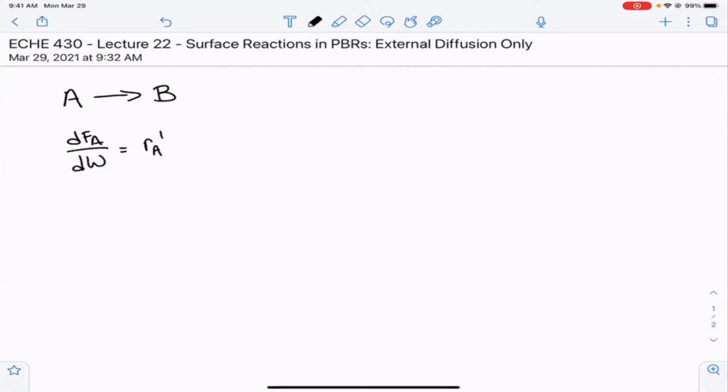So to do this, let's define the areal rate, and that is r_A double prime. We're going to call this thing the areal rate. And we can do this very simply by defining this areal rate as equal to r_A prime, the rate based on the mass of the catalyst, divided by the specific surface area.